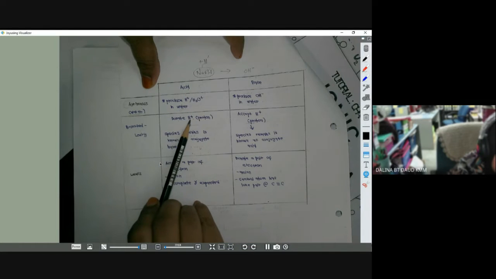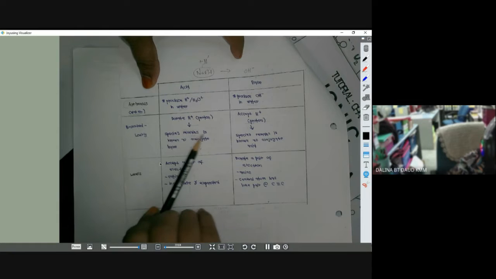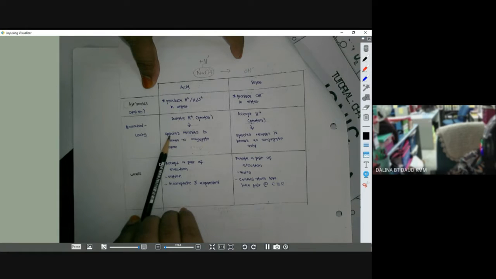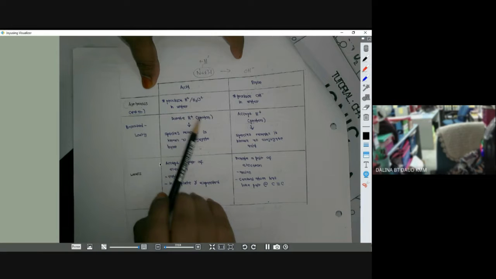Nama lain dia ialah proton. The species remaining, the product, is known as conjugate base. Maknanya kalau dia acid, bila dia derma H plus, yang tinggal tu, produk dia tu, is known as conjugate base.